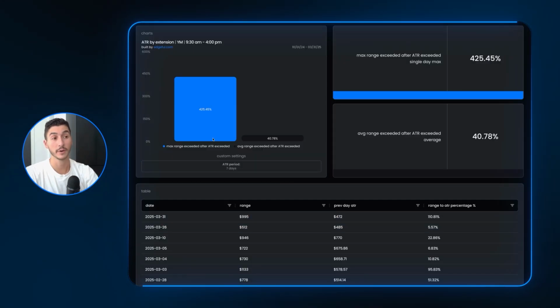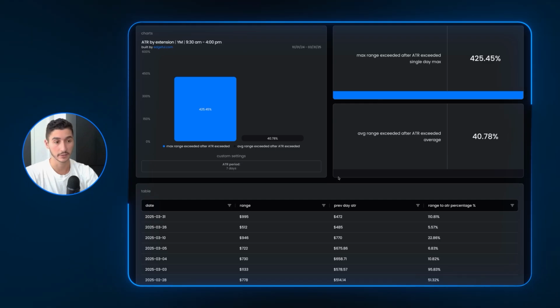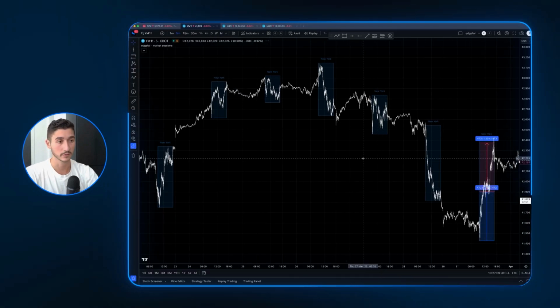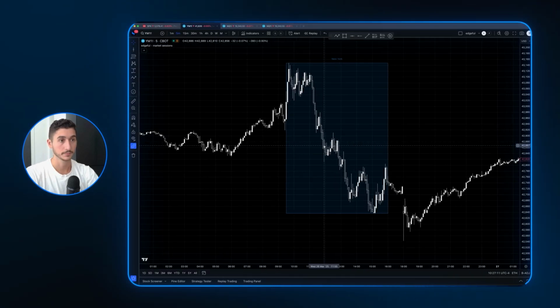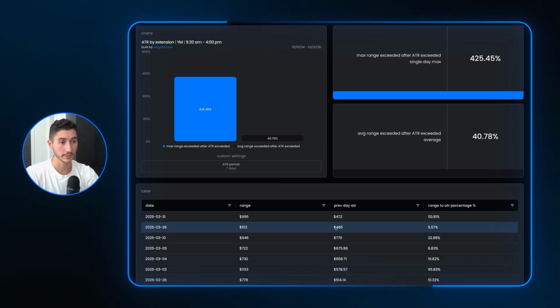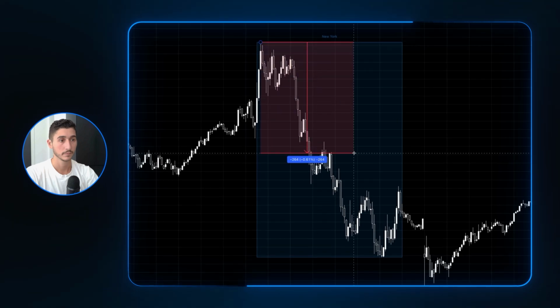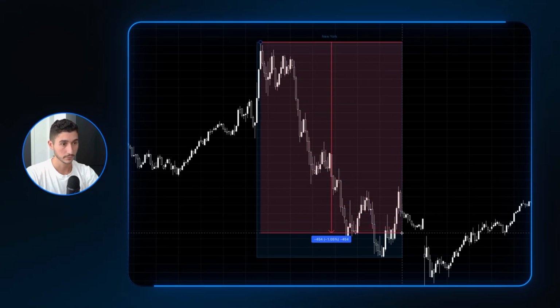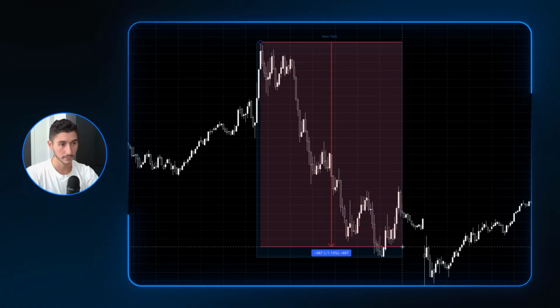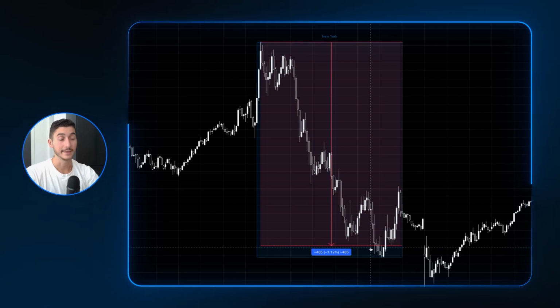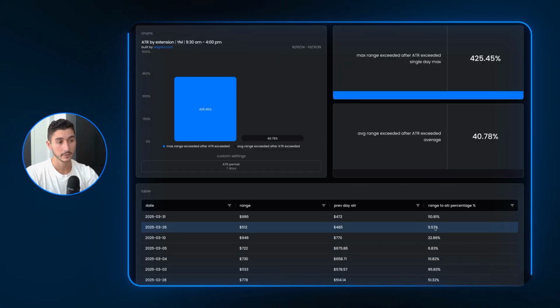this is only checking days that exceeded ATR, or the 26th. So here, you can see that the ATR on that day was 485, right over here. And then it only exceeded, like this extension was only 5% more.